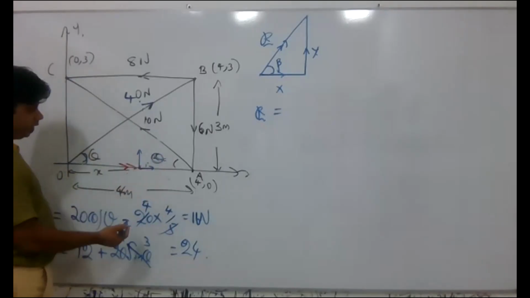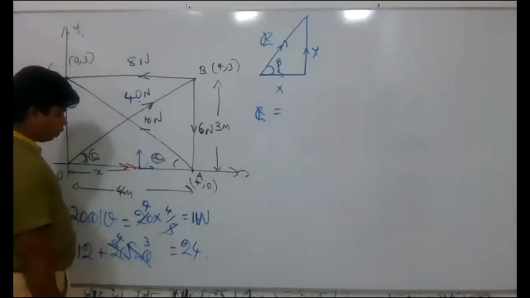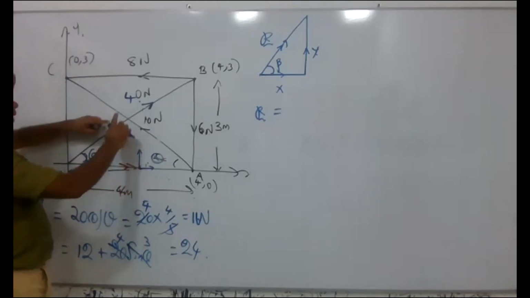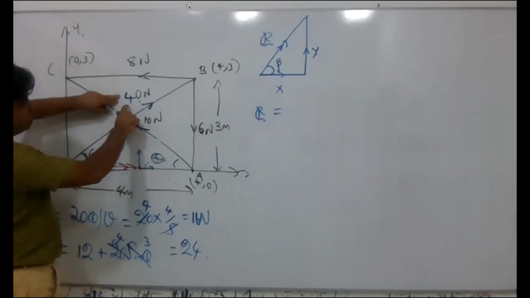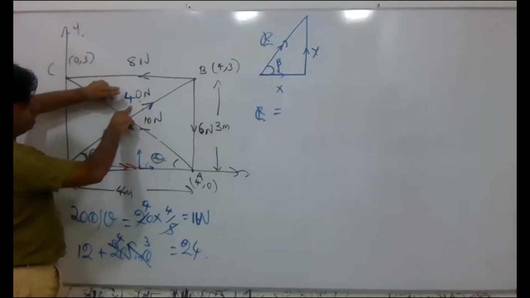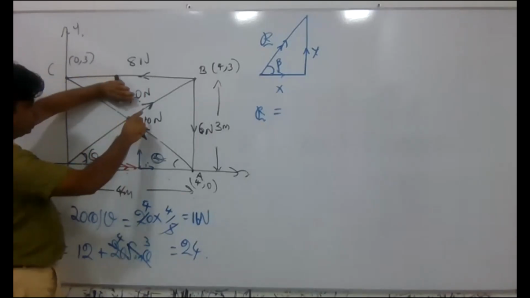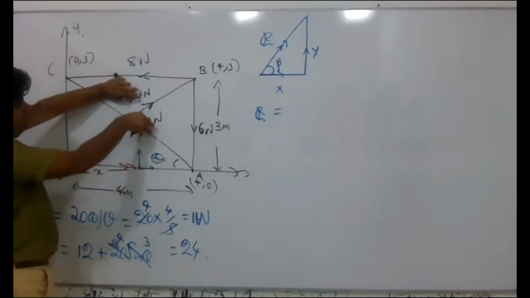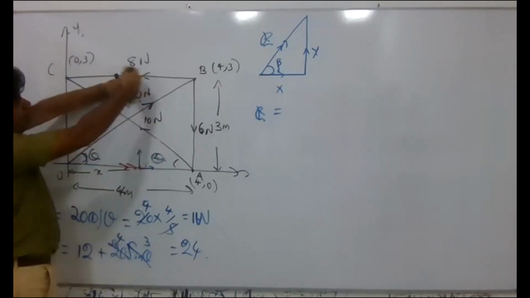If you simplify it, you get 16 Newton. Why is that? Because earlier this was 20, no? If the earlier force were 20, then 20 cos theta minus 10 cos theta minus 8.